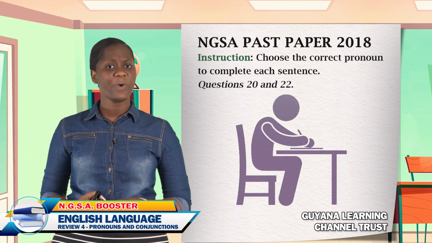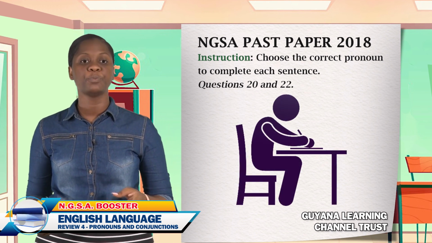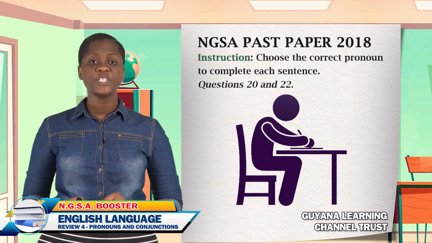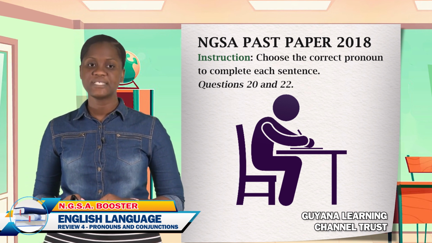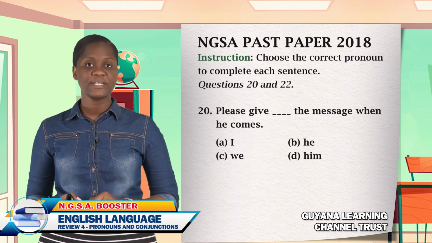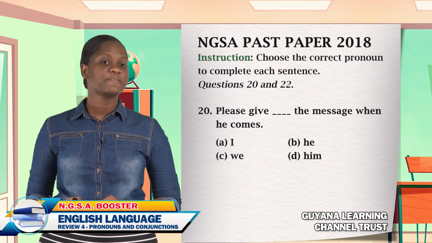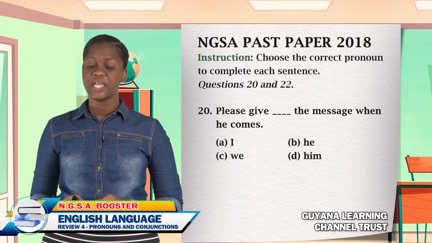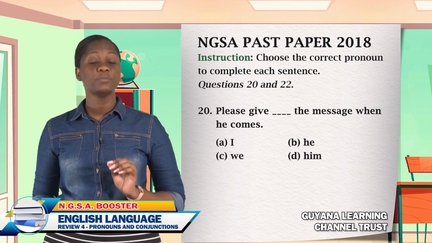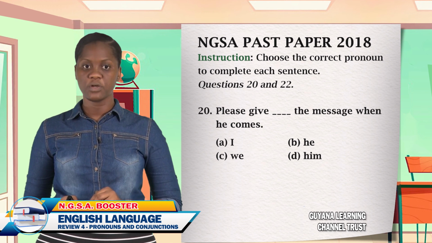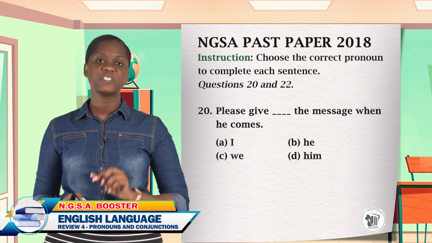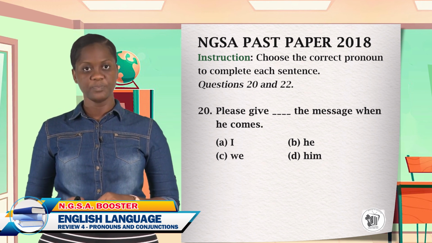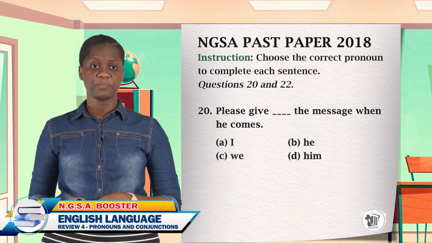Let's take a look at the questions in 2018 on pronouns. The instruction had read, choose the correct pronoun to complete each sentence. Number 20, please give something the message when he comes. Boys and girls, here we need an objective or object pronoun, since this particular pronoun will be the receiver of the message. So let's look at the options.